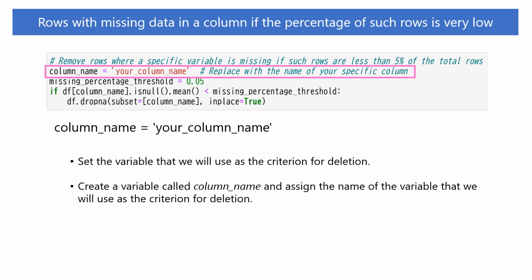First, set a variable that will be used as a criterion for deletion. The deletion of rows is limited to cases where the proportion of missing data for this variable is less than 5%. Create a variable called column_name and assign the name of the variable that we will use as the criterion for deletion. In this case, the variable name is "your_column_name" as an example, but please enter the name of the actual variable you use as the criterion.